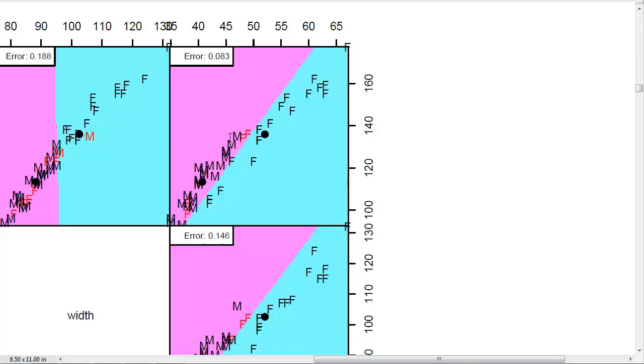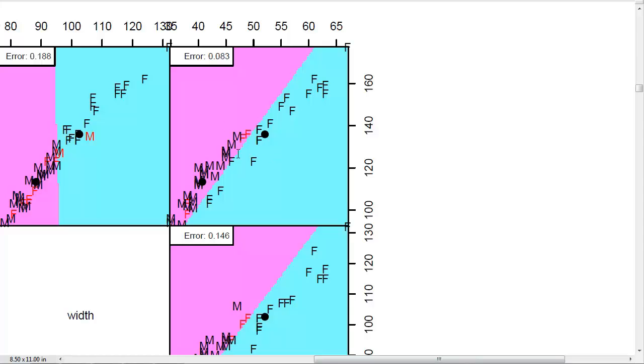And if I continue my mouse over that line, that direction, basically sort of left and right across that line, is the direction that the linear discriminant direction is in. And so that's exactly the direction that helps us best classify males and females.